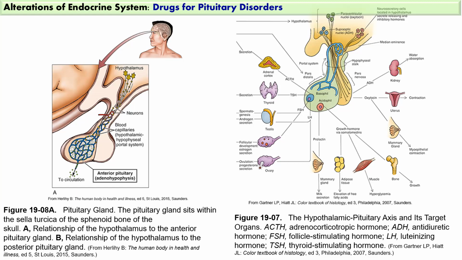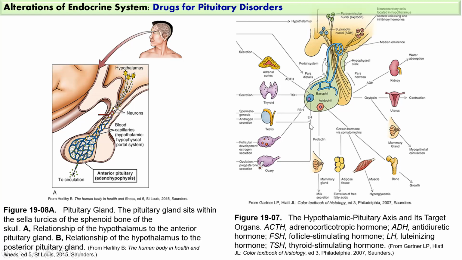Another example: the anterior lobe of the P gland will secrete the FSH hormone, follicle stimulating hormone, to control the gonads. That has to do with the ovaries and the menstrual cycle.